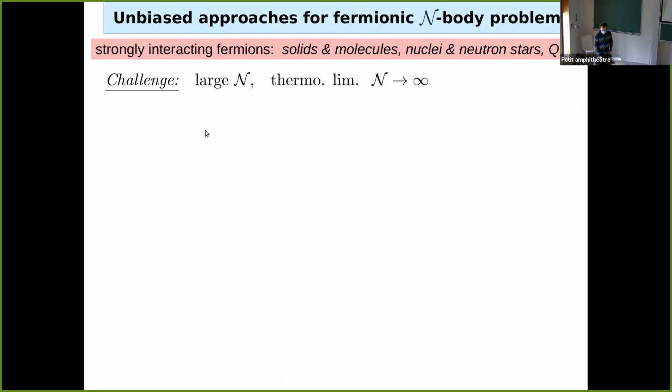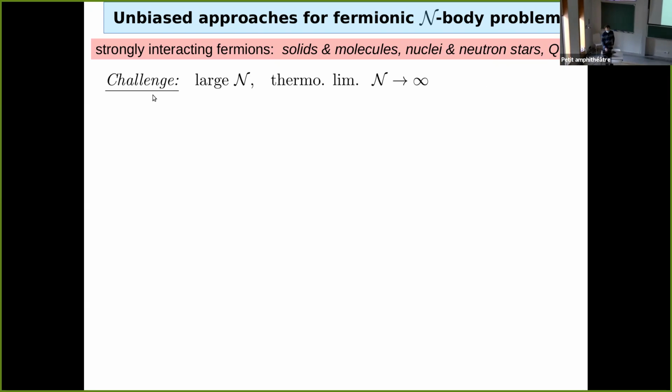So the general motivation is unbiased approaches for fermionic many-body problems, which is of course relevant to many fields, because strongly interacting fermions are everywhere, from solids and molecules to electrons to nuclei and neutron stars, where it's nucleons, and also the quarks in QCD.